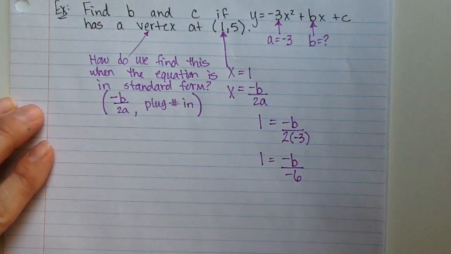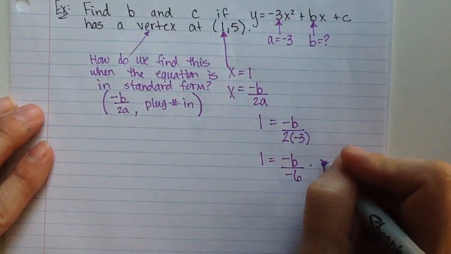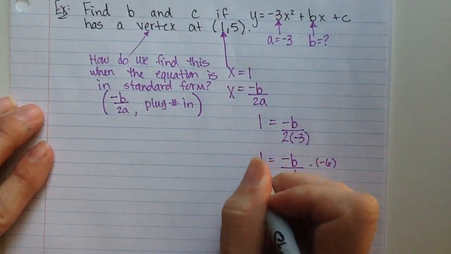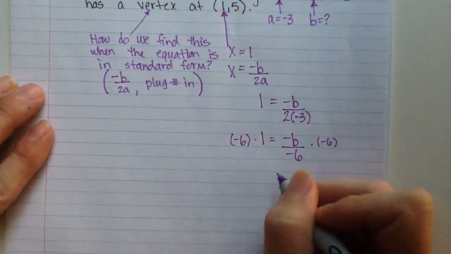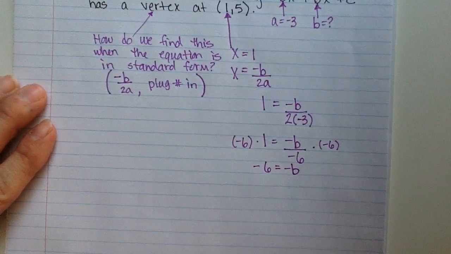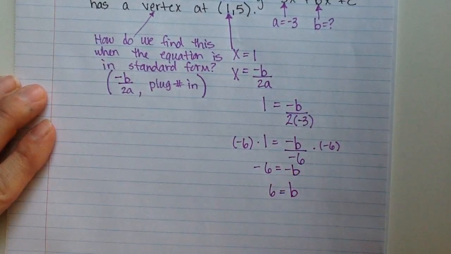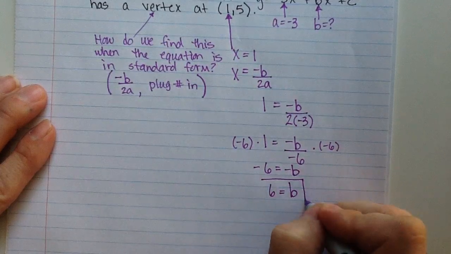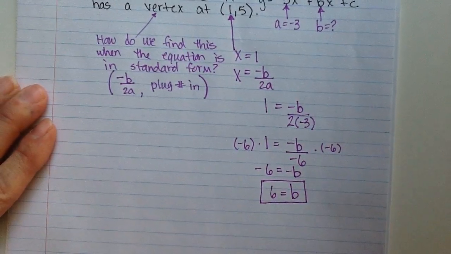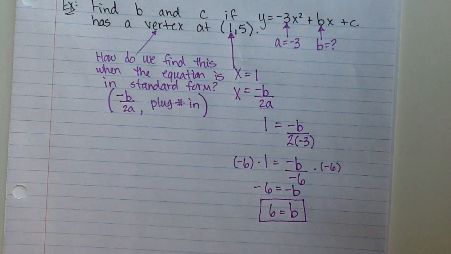And then I can go ahead and multiply both sides by negative 6. So negative 6 equals opposite b. So b would be 6. Okay, so that's part of my answer. 6 is my b value.